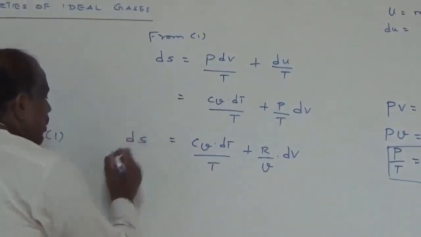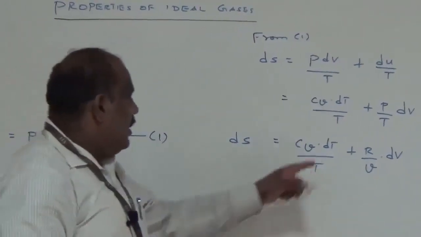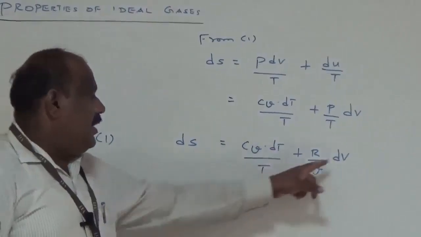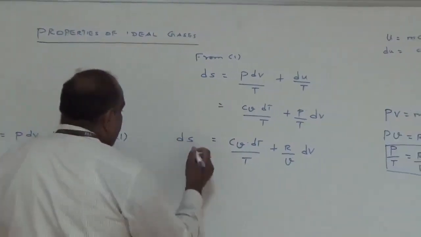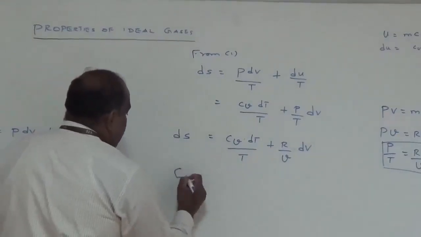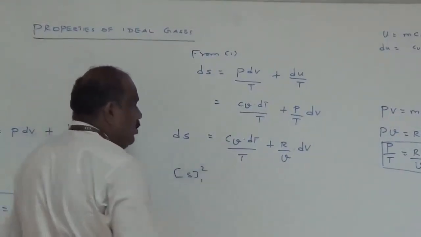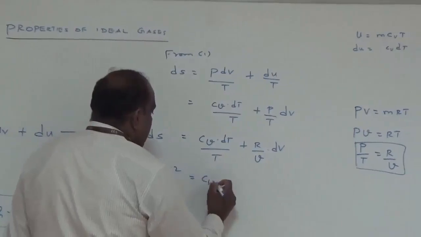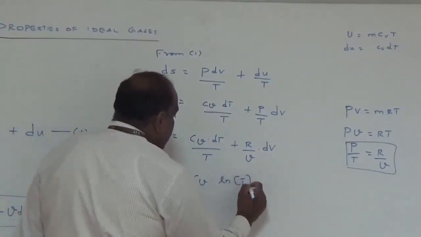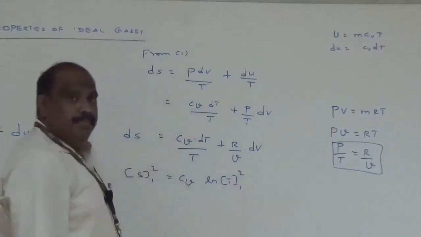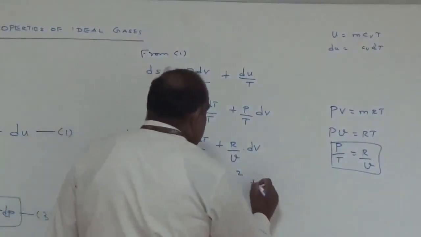So ds equals Cv dT by T plus R dv by v, and we can integrate. Integrating the entire equation, ds becomes s with the limits 1 to 2. Cv is a constant. When I integrate 1 by T, it becomes ln T with the limits 1 to 2. Plus R is also a constant.